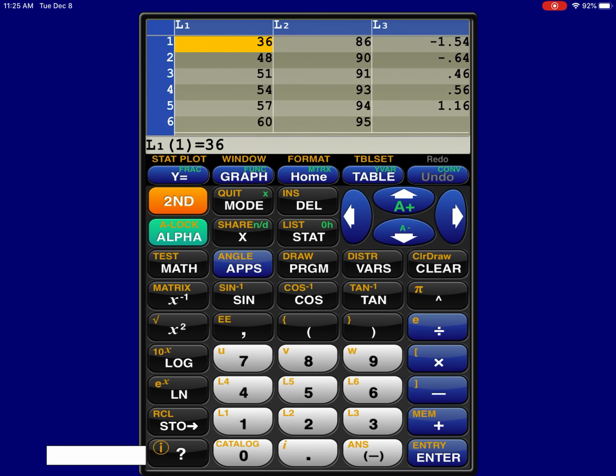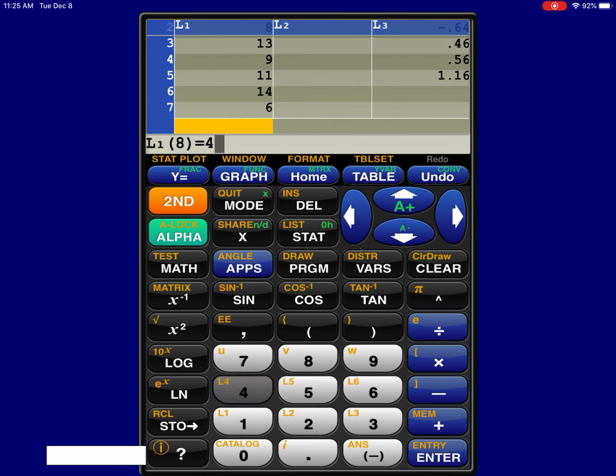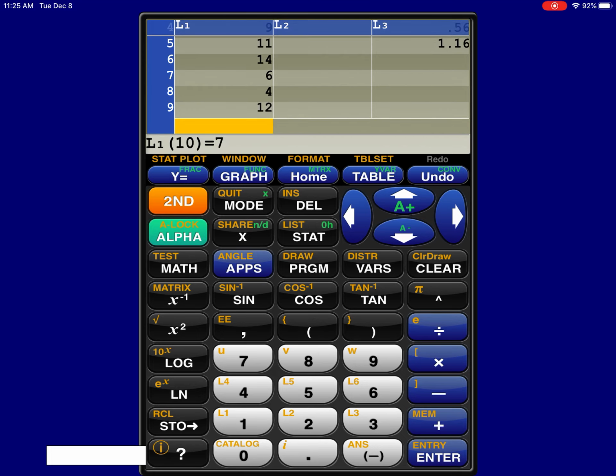Stat, edit, enter, clear, enter. Put in these numbers: 10, 8, 13, 9, 11, 14, 6, 4, 12, 7, and 5.